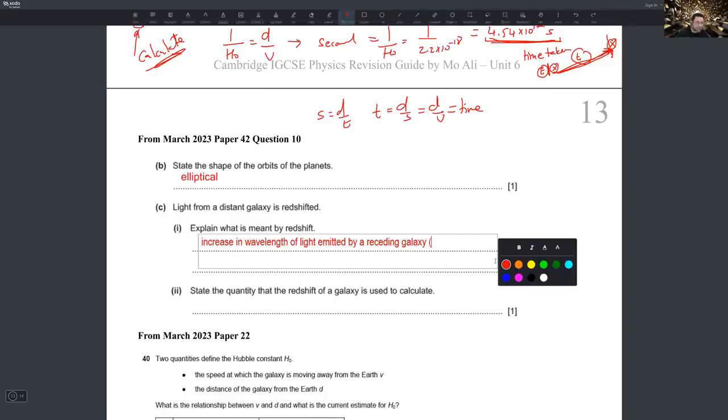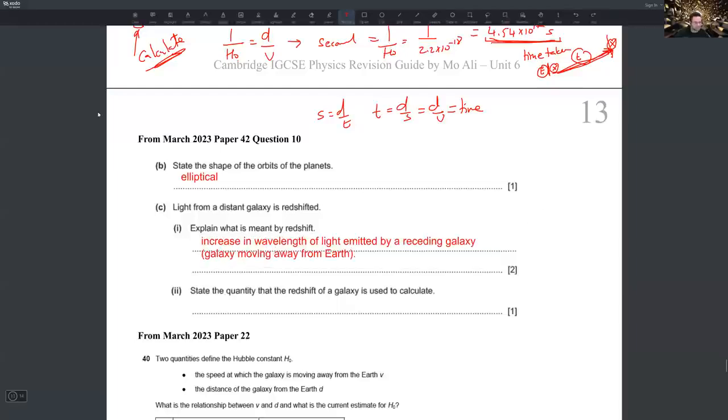If you forgot the word receding, it's okay, it's fine. Instead of saying receding, you can say by a galaxy moving away from Earth. That's what you say. Okay?